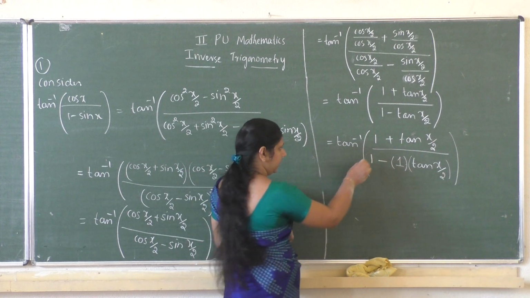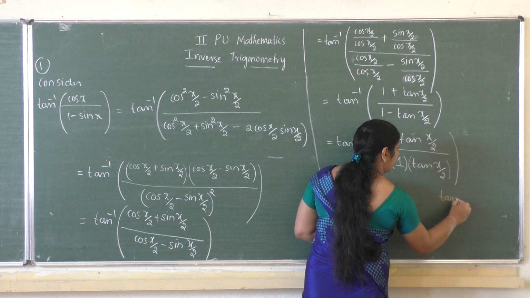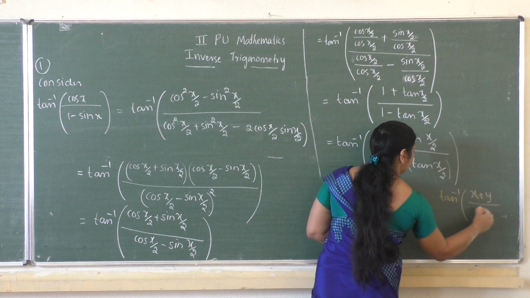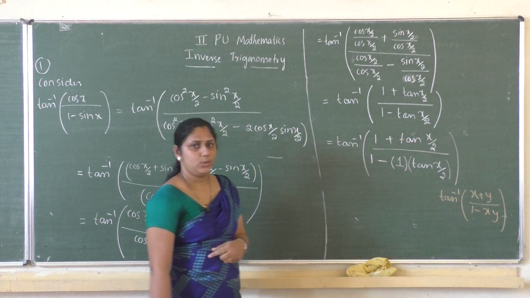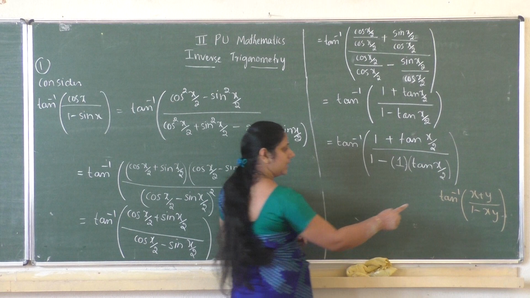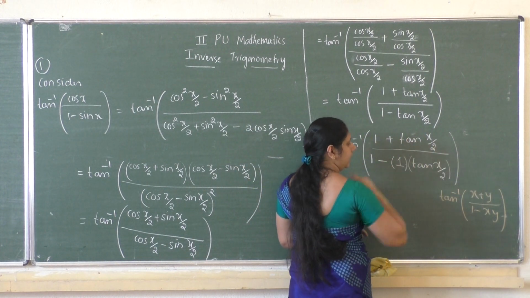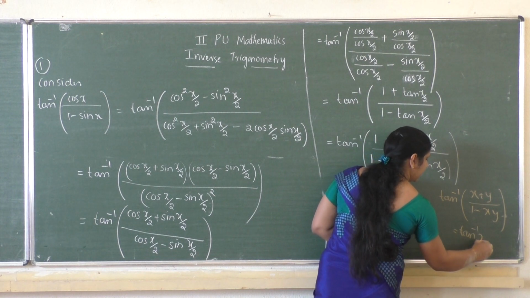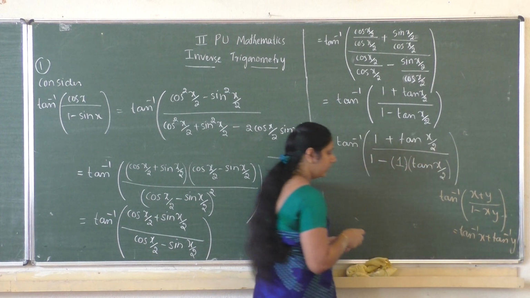Now see this term carefully. Does it look like this? Tan inverse of x plus y divided by 1 minus x into y. See, in the place of x we have 1, in the place of y we have tan x by 2. What is this? This is tan inverse x plus tan inverse y.